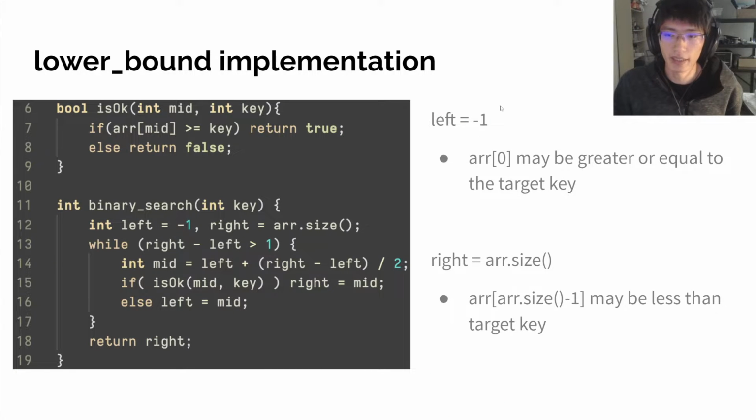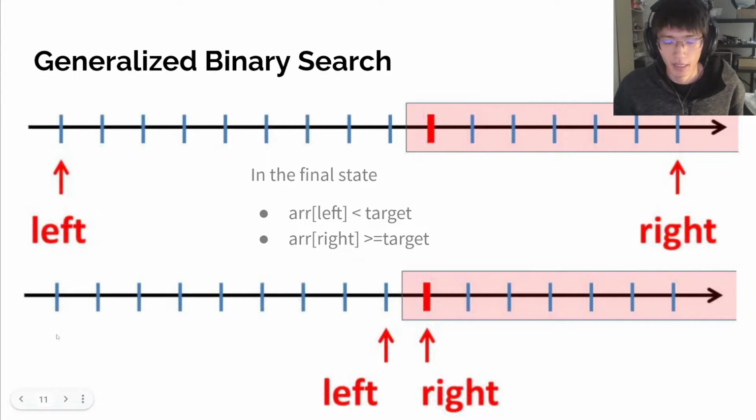So the reason why left starts at -1 and right starts at n is because, let's say all the values in the array are greater than or equal to the target. Then index 0 is going to return true, and left at -1 must be less than the target, so we have to get it out of the bounds.